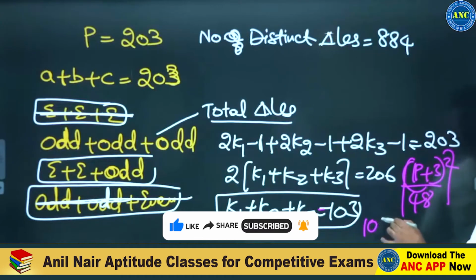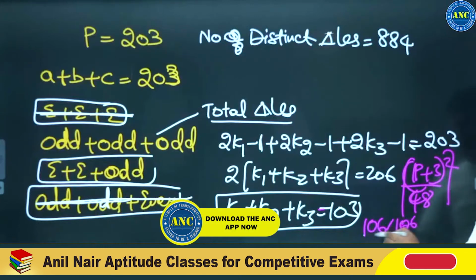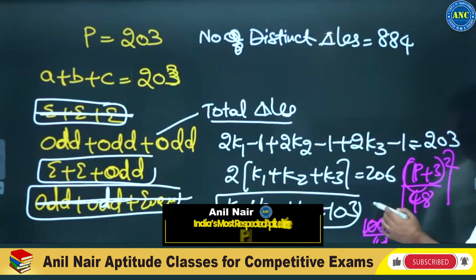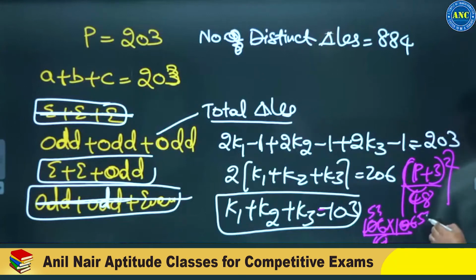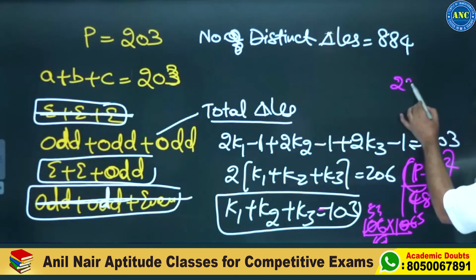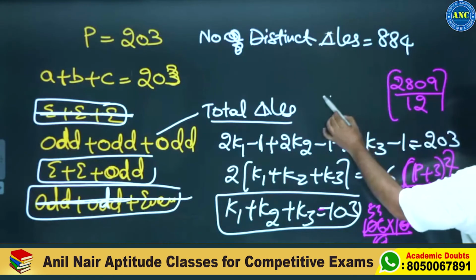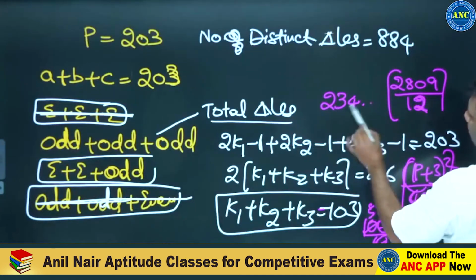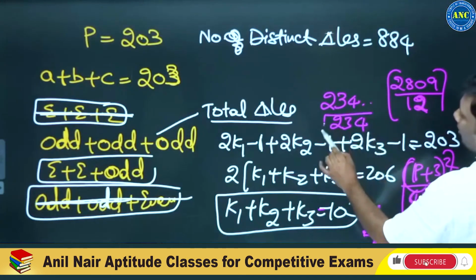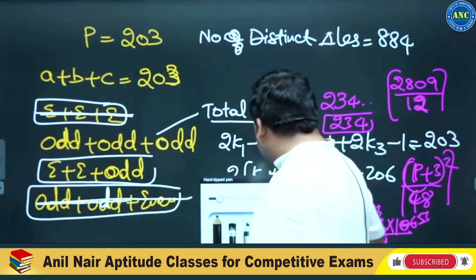So 103 plus 3 is 106. 106 into 106 divided by 48. 106 into 106 is 11236, so 2809 divided by 12, which is 234.08, nearest integer 234. Out of 884 triangles, there are 234 triangles where all the three sides are odd.